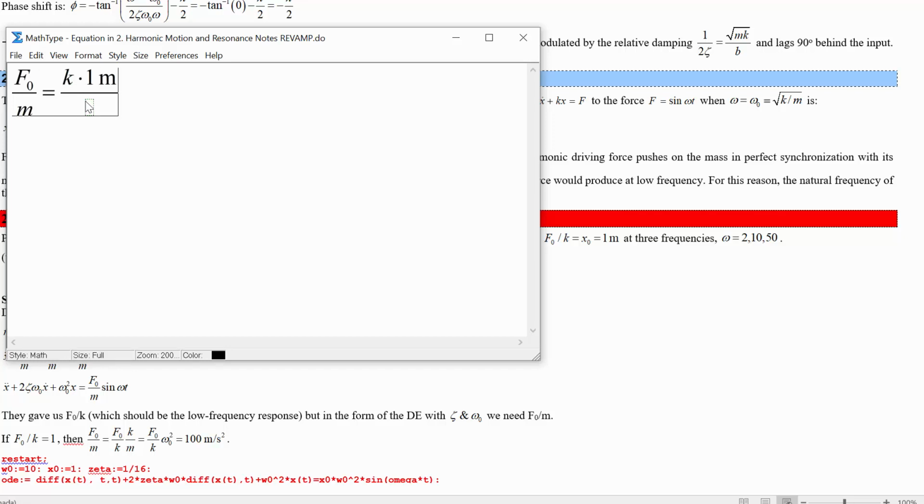And we've got a mass down here. Very important to show the italic properly, right? If we weren't putting italic for this mass, it'd be very easy to confuse it with the 1 meter up here in the top. So anyway, K over m is omega naught squared, because omega naught is root K over m. So now we've got omega naught squared times 1 meter.